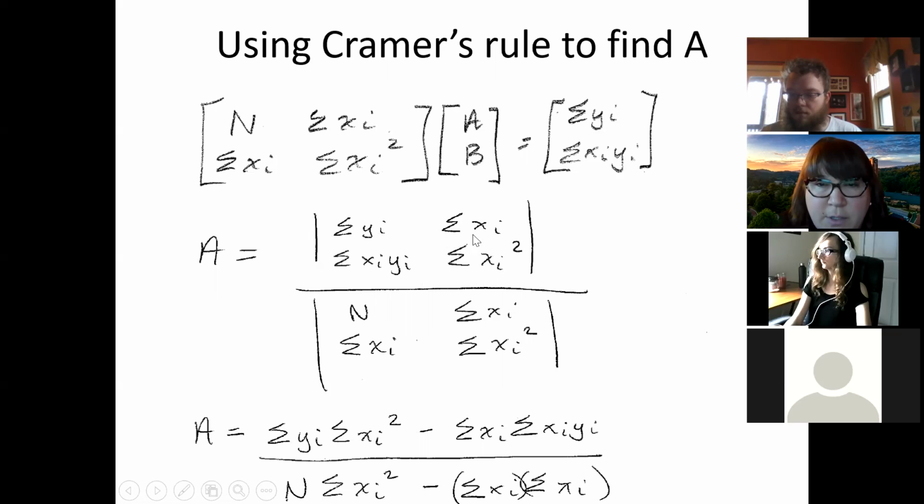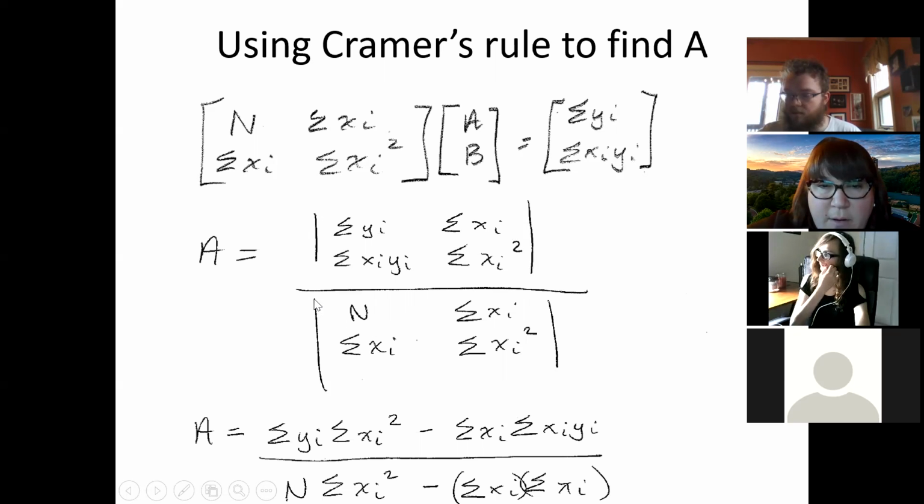And then these lines here mean determinant. That's a special kind of operation you're going to do on your matrix and turn it into just an expression instead of a matrix. So that's the first step. You take this column, you put it in place of this part of your matrix, you rewrite that here, and then put these lines around it because that means determinant.